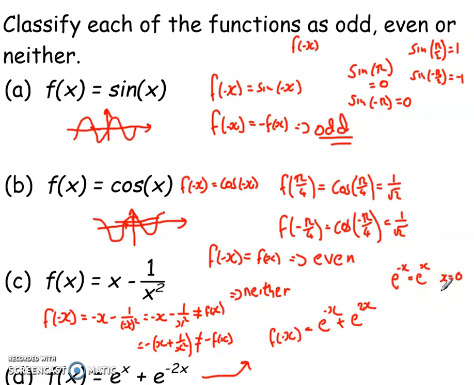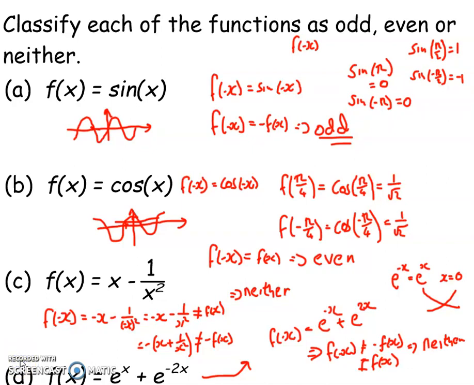However, if you look at the shapes of the curve, e to the x goes up that way, e to the negative x comes down that way. So they're not the equivalent curve. So what that then means is that we're not going to get f of negative x equal to negative f of x, and f of negative x does not equal f of x. So what I can then say is it's neither odd nor even.